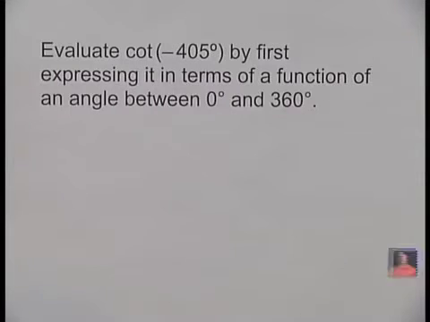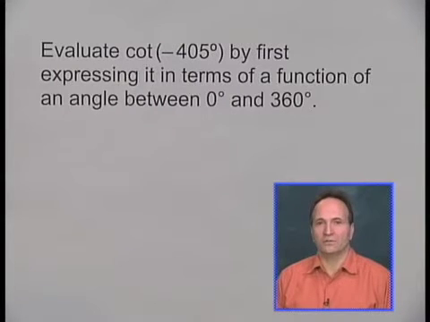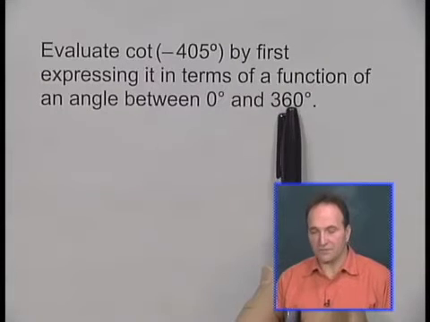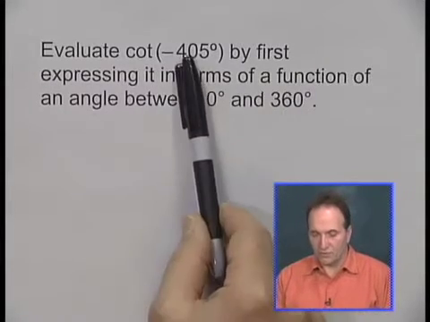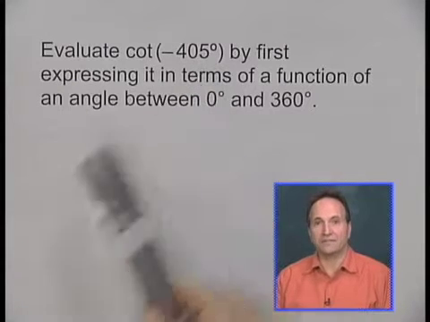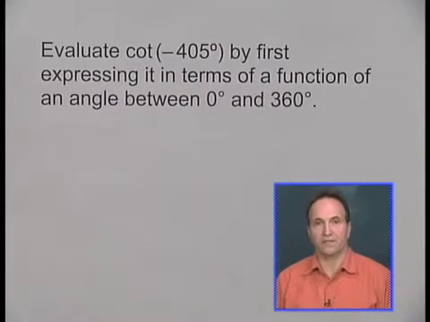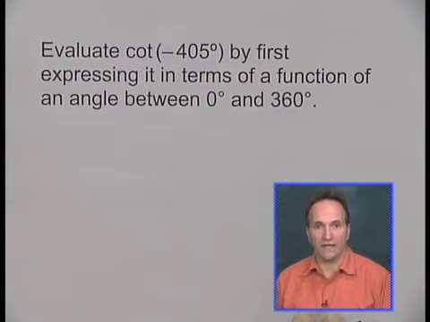Let's work another example. Evaluate cotangent of negative 405 degrees by first expressing it in terms of a function of an angle between 0 degrees and 360 degrees. So we need to add 360 degrees to the negative 405 degrees enough times to get it to be an angle between 0 and 360. So we need to add twice, that is 360 degrees times 2.